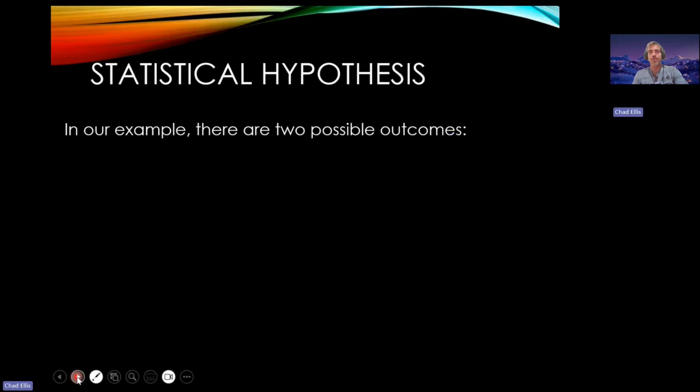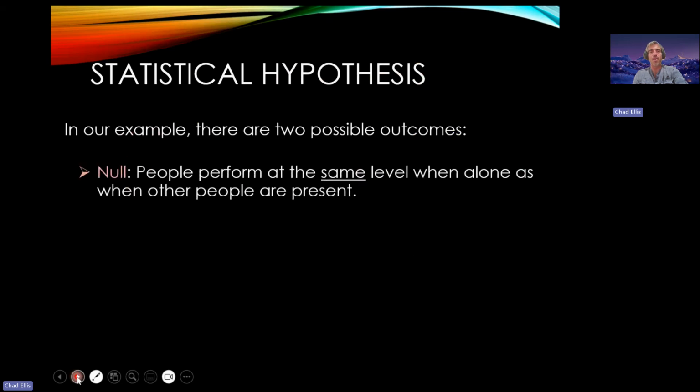So in our example, there are really only 2 possible outcomes, either one or the other. Our null hypothesis in this case is going to be that people perform at the same level when they're alone compared to when they have people present. So the null hypothesis is that there's no difference in people's performance in putting when they're in front of a big crowd compared to when they're alone.